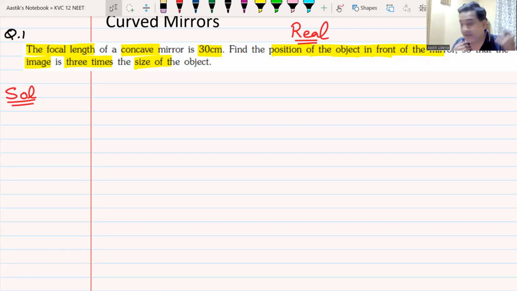Anyway, the reason that this question was given was, can you tell me which formula you are going to apply? I think I had given you all the formulae together in the last class. Do you remember which formula you need to apply here? M equals F by F minus u. Well done.